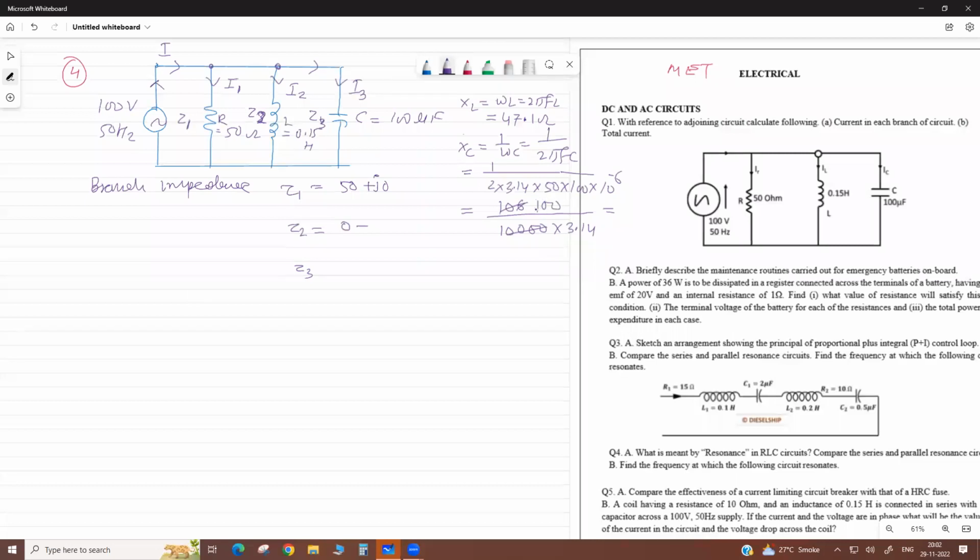It is 100 only. Okay, it means 100 by this, we get 31.85 ohm. Okay. So here you know this part is 0, but the j part is plus 31.85.